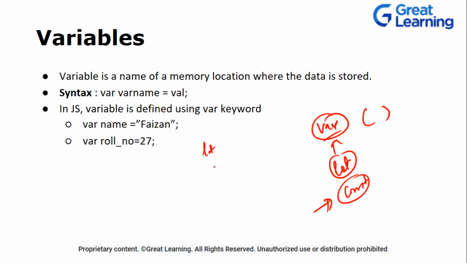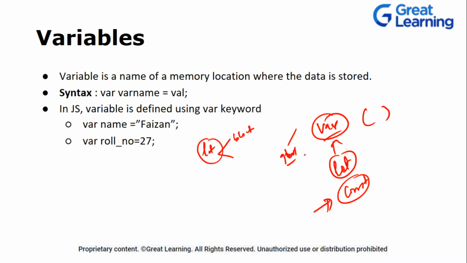Let has different things associated with it. If you talk about the scope, I will not go into detail, but let me tell you a little bit of variation between a let and a var. When you talk about the let keyword, this has a block scope, and var has a global scope. I will also give you one interesting example from an interview point of view.